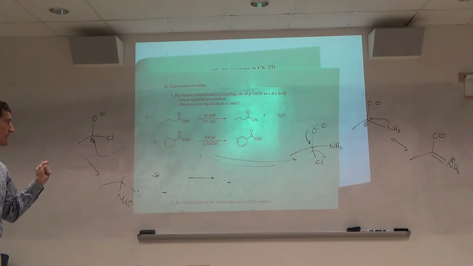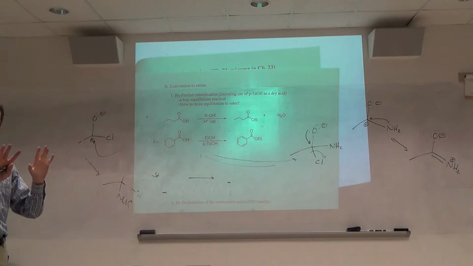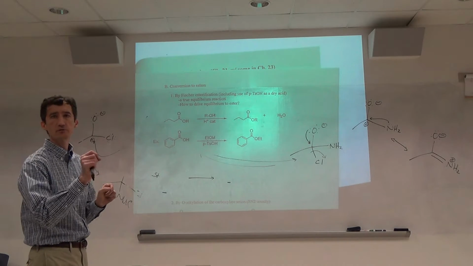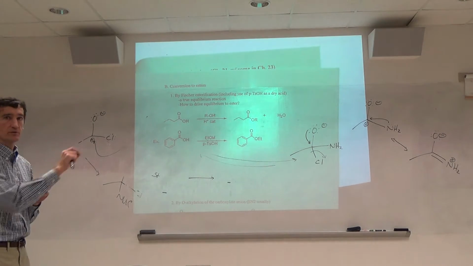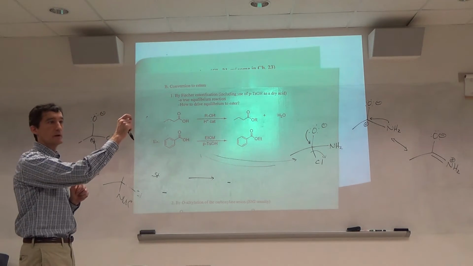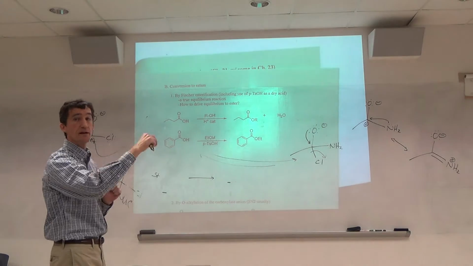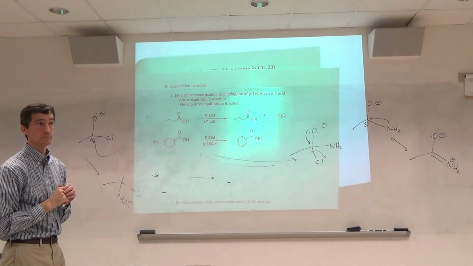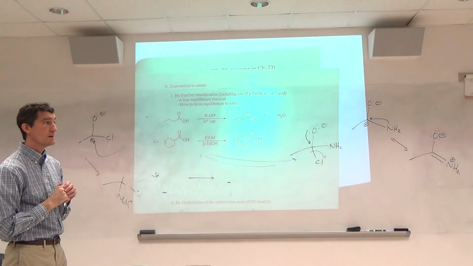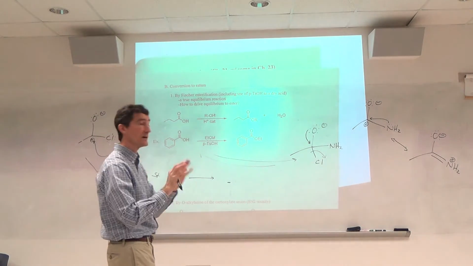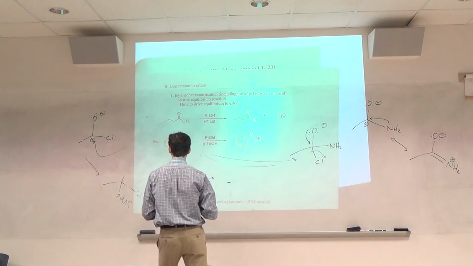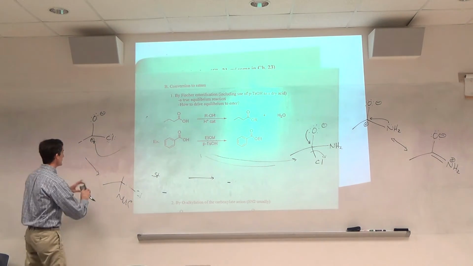When we start doing the mechanisms, it'll be kind of hidden in there because we'll do lots of proton transfers. But at some point, we're going to add to the carbonyl, electrons up, and then at some point, we're going to come back down and kick off the leaving group. But it may be a total of 5 or 6 steps instead of just 2 because we've got a couple of other things going on. Proton transfers.